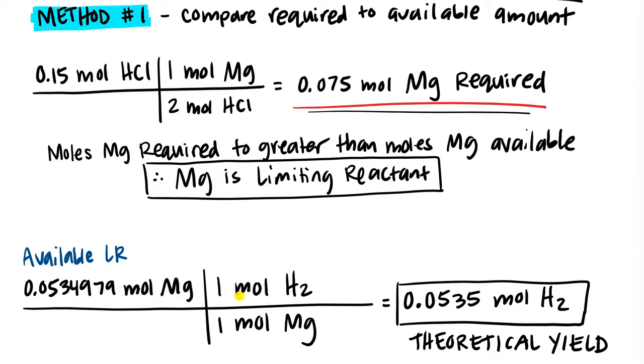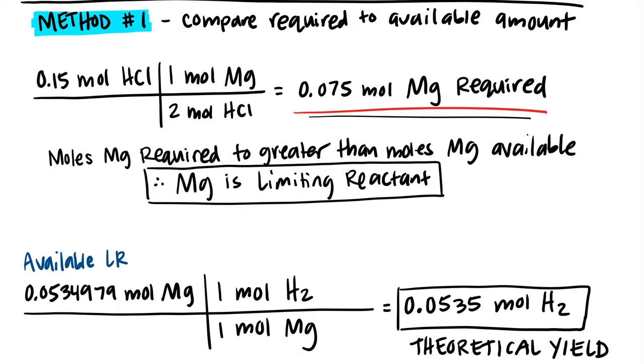It's a 1-to-1 ratio. And so the amount of hydrogen gas produced is 0.0535 moles, and then now it's appropriate to round for your significant figures. This predicted value, based upon the limiting reactant, is known as the theoretical yield. We predict that we will be able to make 0.0535 moles of hydrogen.